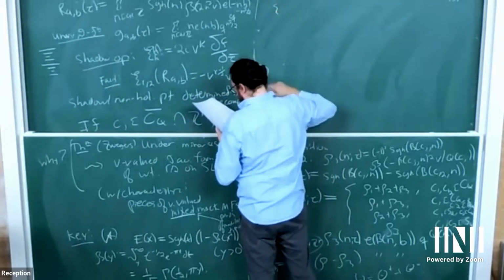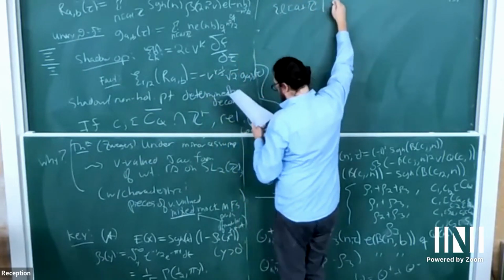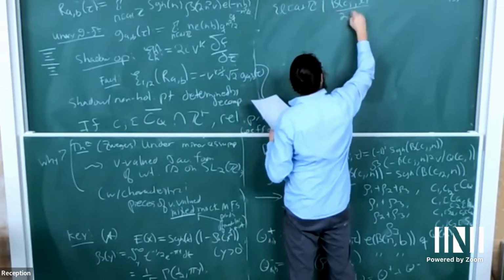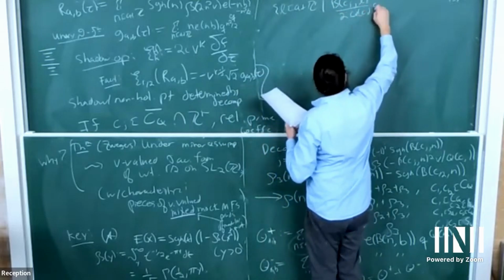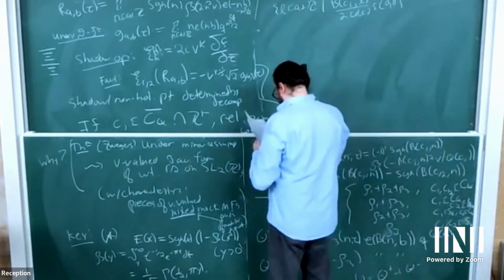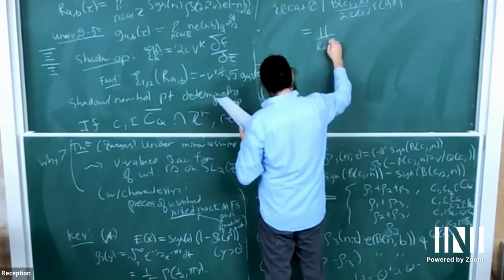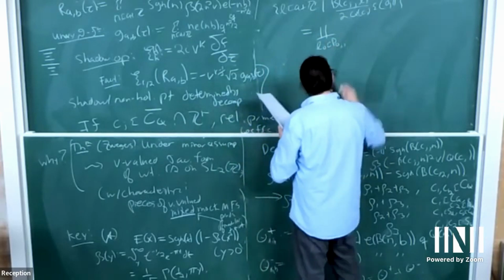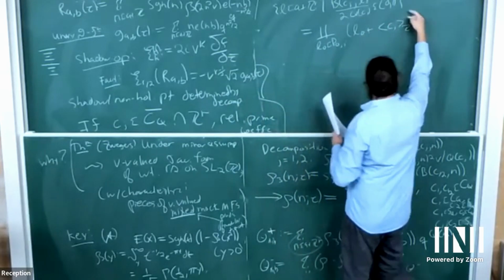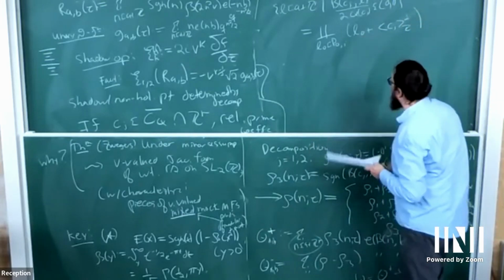This is an elementary claim that you can check, just basic linear algebra: the set of L in A plus Z to the R such that the bilinear form of Cj, L divided by 2Q of Cj is in 0, 1 is a disjoint union of L0 in some special set P0j, L0 plus the orthogonal complement in Z to the R. So this is the set of things in Z to the R which are orthogonal to Cj, shifted by L0.